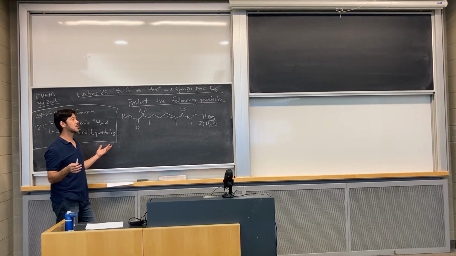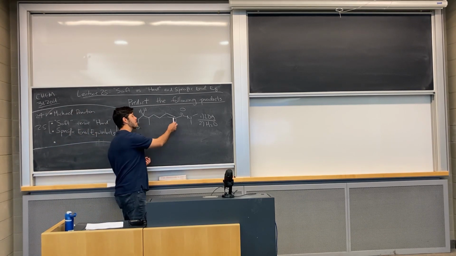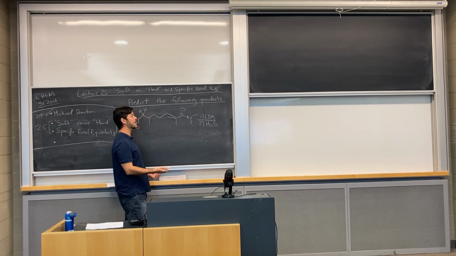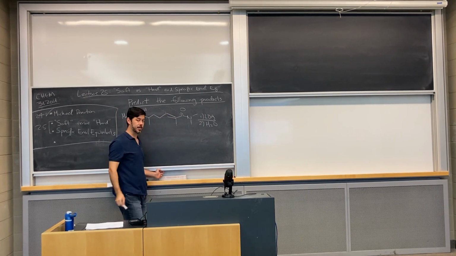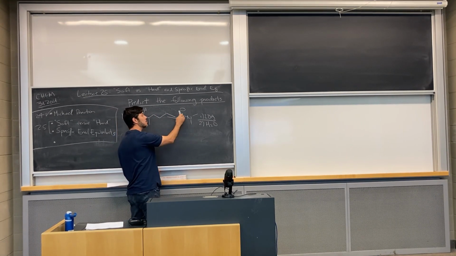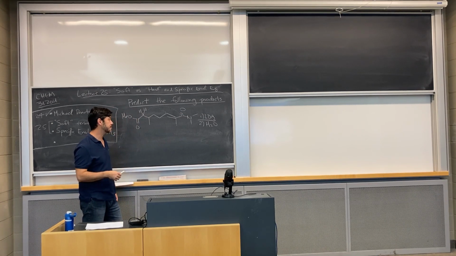Furthermore, you also learn strategies to promote the Michael reaction, and this would include things like decreasing the electrophilicity at the carbonyl. So here you have a very stable non-electrophilic amide, so that further prevents this 7-membered ring from forming. Recall from last lecture, things like aldehydes and ketones would be very susceptible to 1,2 direct addition.